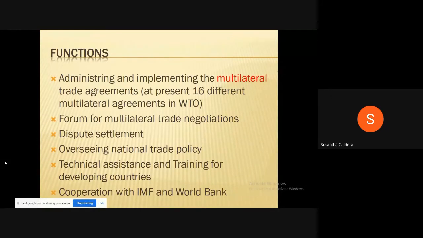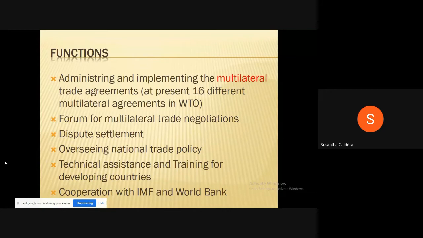The same thing happens to our education policies also. Education policy is made according to the IMF. Your national policies, they supervise, they monitor.